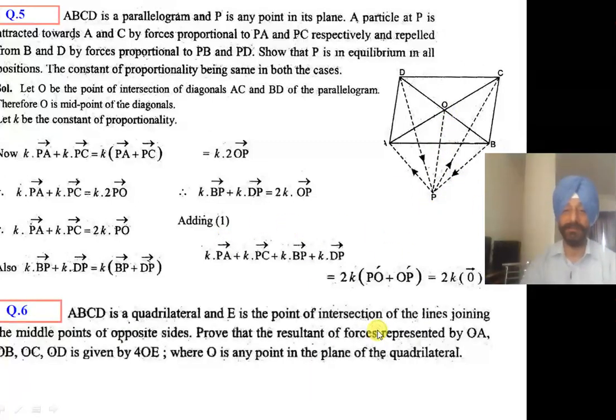So this is another question. ABCD is a quadrilateral. E is the point of intersection of the lines joining the midpoints of opposite sides. Prove that the resultant of forces represented by OA, OB, OC, OD is given by 4OE, where O is any point in the plane of the quadrilateral. So this is the figure.